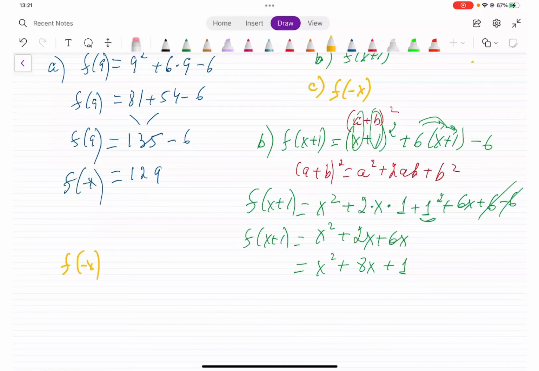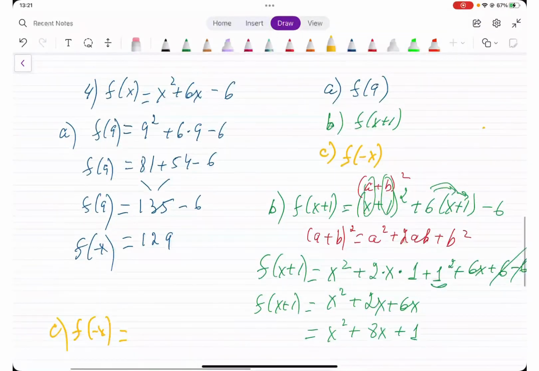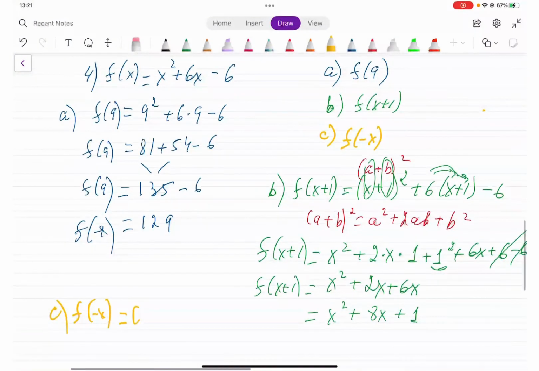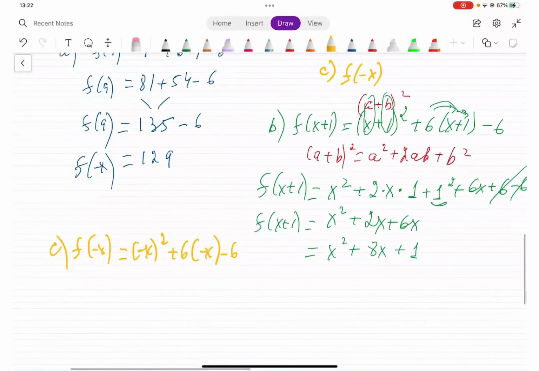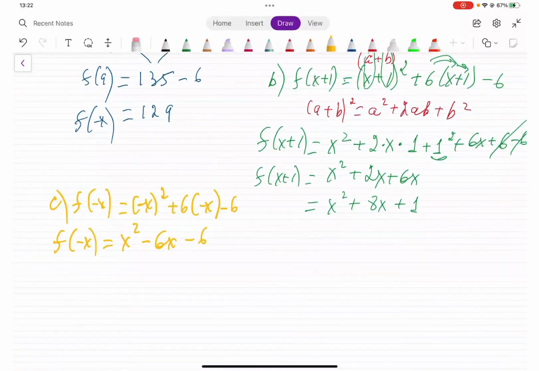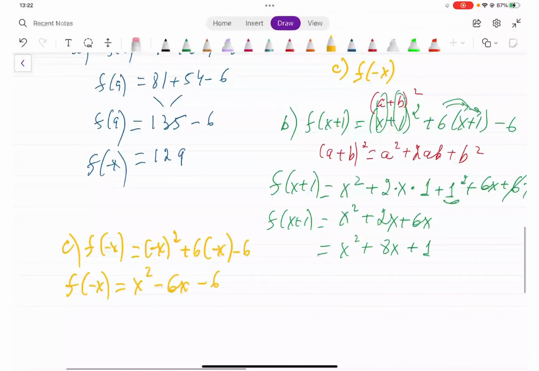F of negative x, this is c, is equal, so x squared, so it's going to be negative x squared plus 6 times negative x and minus 6. Okay, so f of negative x is equal to x squared minus 6x minus 6. And that's it.